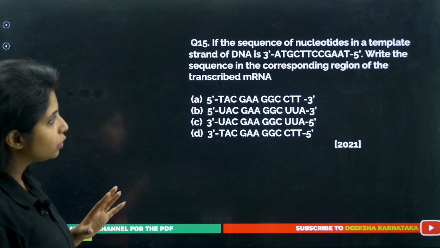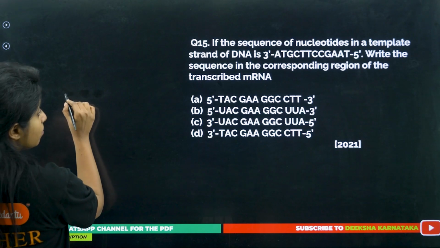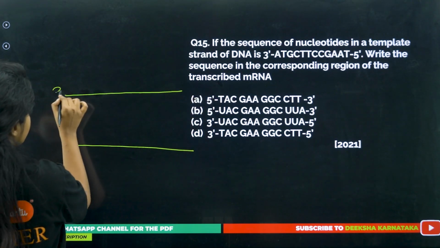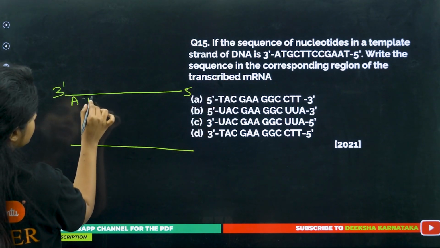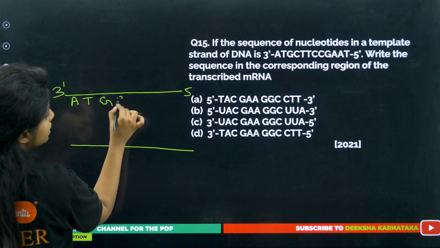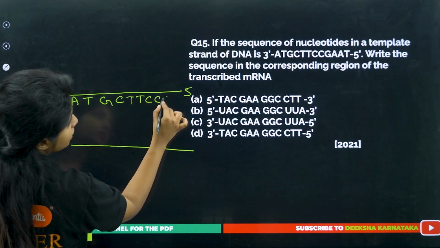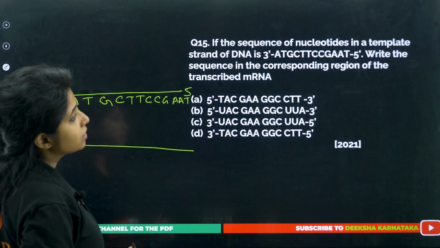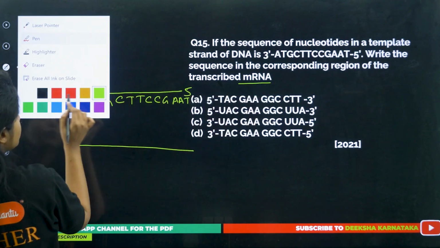If the sequence of nucleotides in a template strand of DNA is, template strand, remember, and you have a coding strand. If in the template strand 3' to 5', the sequence is A, T, G, C, T, T, C, C, G, A, T, write the sequence in the corresponding region of the transcribed mRNA. Now it is an mRNA that is going to be transcribed.